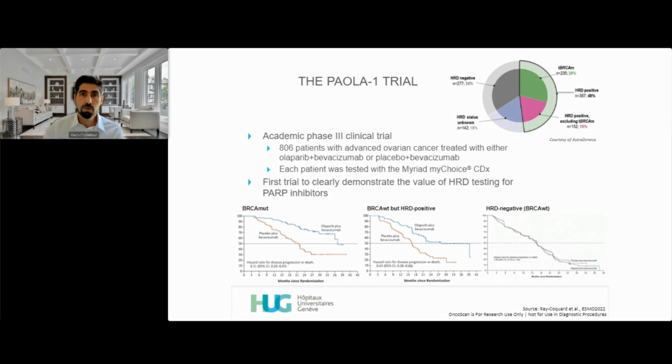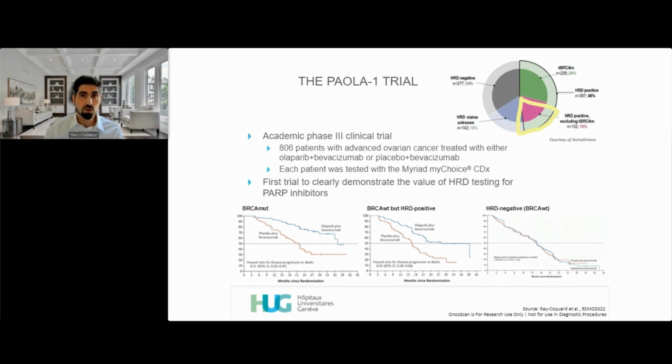And what we learned from this trial is that roughly 30% had a BRCA mutation, which was kind of known. But more importantly, there was roughly 20%, which is this part here, that had no BRCA mutation, but were HRD positive, meaning they had an alteration in the homologous recombination pathway.